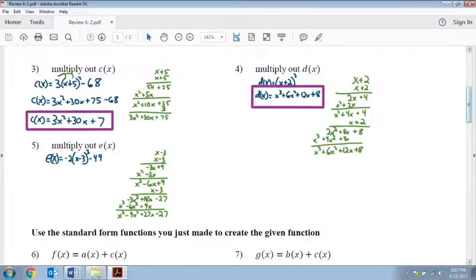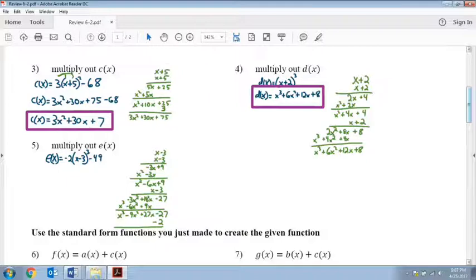Now this one's also multiplied by something else. You see in your original, we took the cubed part and multiplied it by a negative 2. So when we distribute that, we multiply it by a negative 2. I've run out of space, so I'll write it over here to the right. I just have to multiply it by each one of those.